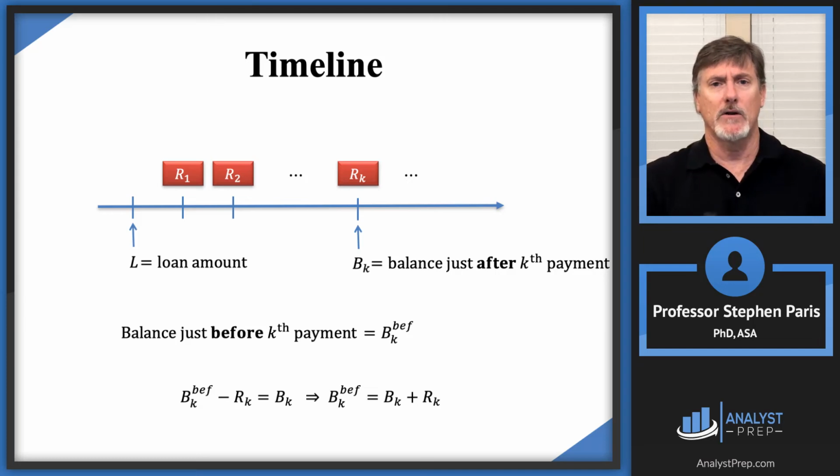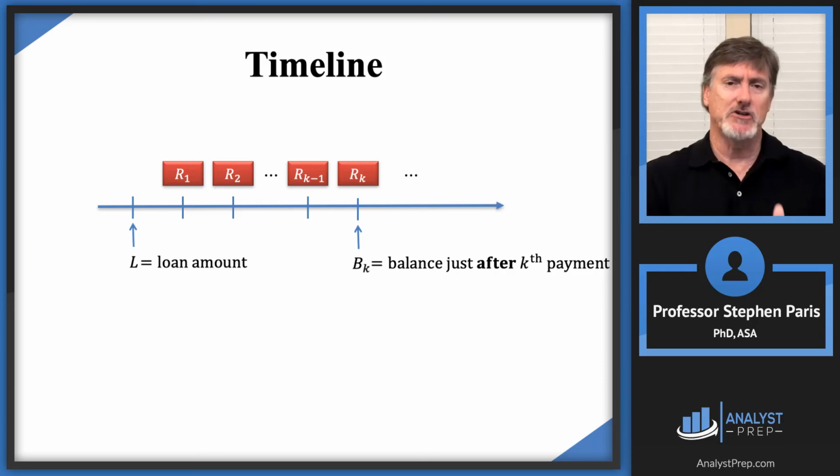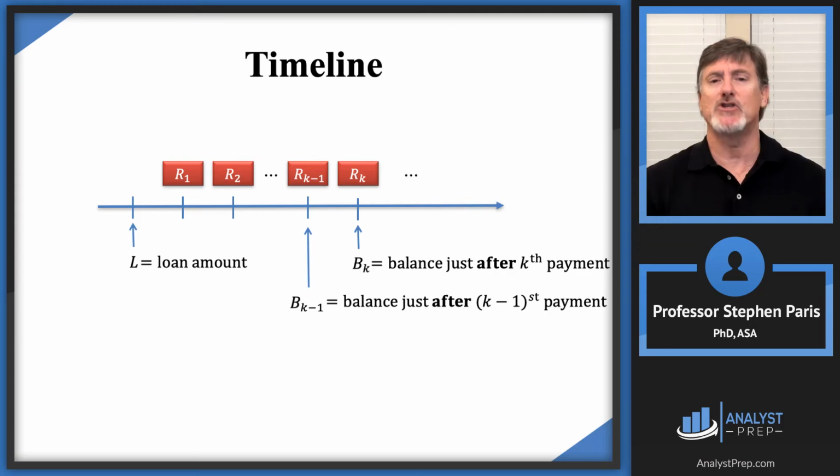I want to look at one other way to look at the balance just before the kth payment, by backing up a step to the time period just before time K, in other words, at time K minus 1. At time K minus 1, I have a balance just after that payment. Going back to our example, let's say that we just made a payment and we owe the bank $900 now. How much would we owe the bank one period later before we made a payment?